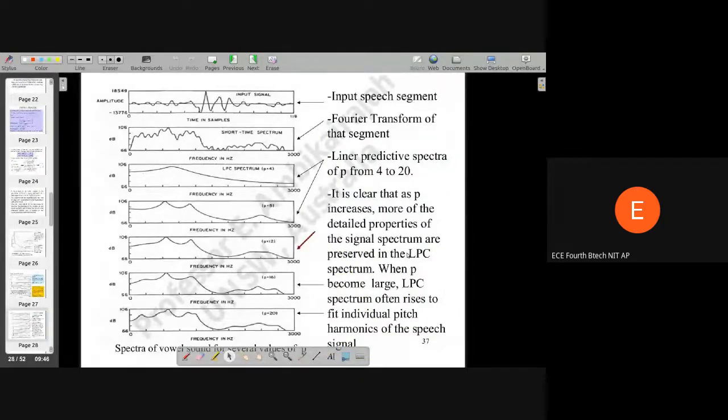We discussed also what happens if we have an inaccurate order for the LP analysis, if your order is too low, or if your order is too high. So this is generally a correct or accurate way to figure out the order of the LP analysis.